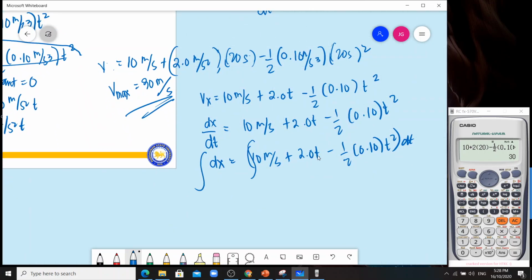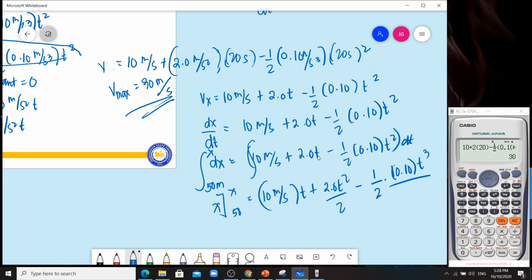So, integrate natin. Okay. So, ito ay x from, syempre, ang initial natin kanina ay nasa 50, diba? Nasa 50 meters siya. So, x, 50 to x equals 10 meters per second t plus 2.0t squared over 2 minus 1 half times 0.10 t cube over 3. Ayan.